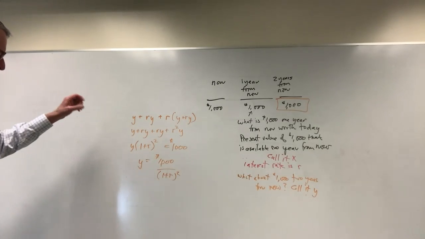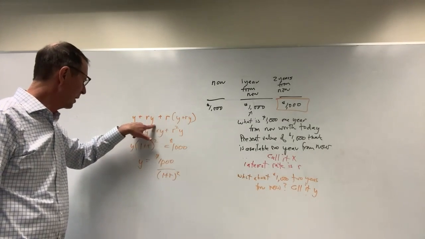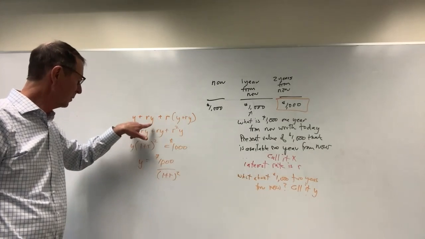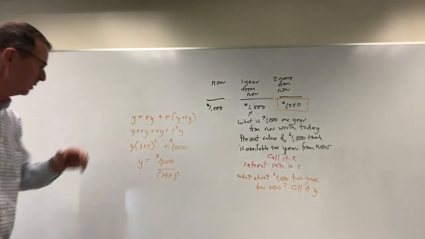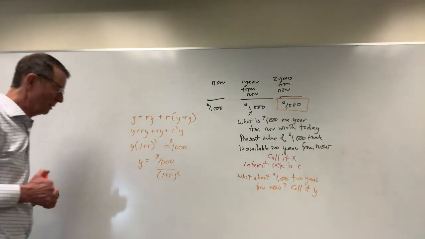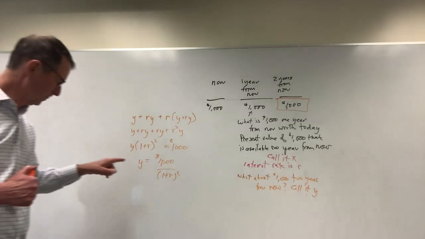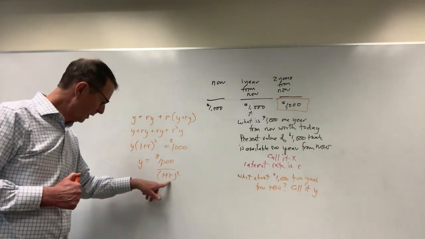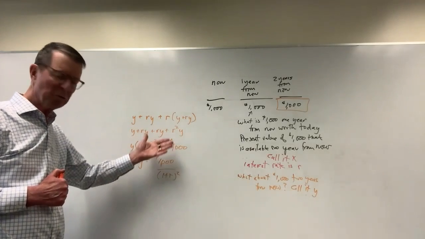3 years from now, Z, RZ, R, Y plus RY, or Z plus RZ. And then you've got this third year of interest, where everything that you bring into the third year earns the interest rate. And if you calculate that out, you're going to get 1,000 divided by (1 plus R) cubed, and so forth, right?